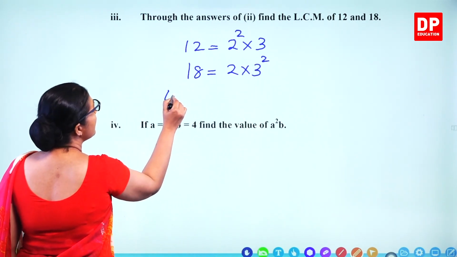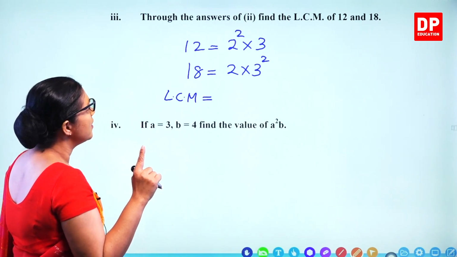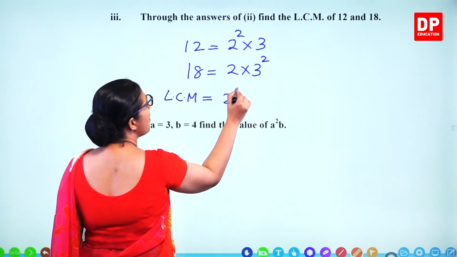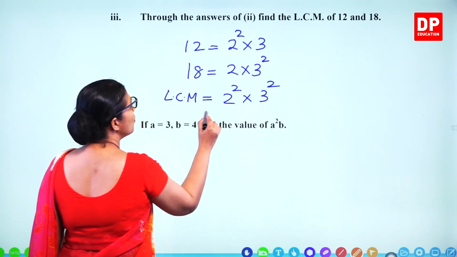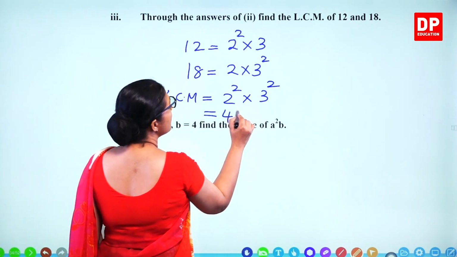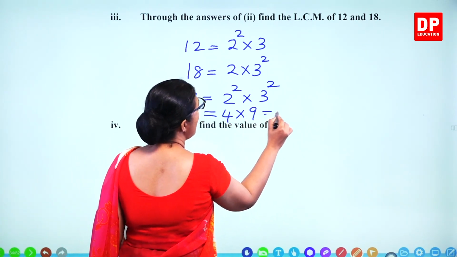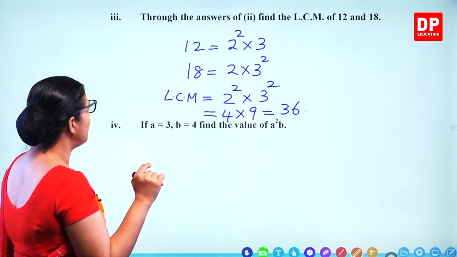So we need to find the lowest common multiple. We take the highest power. When you take 2, the highest power is power 2. When you take 3, the highest power is 2. So 2 to the power 2 is 4. 3 to the power 2 is 9. 9 times 4, 36 is the lowest common multiple.